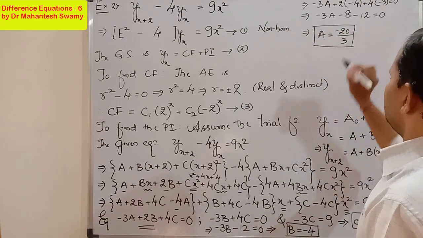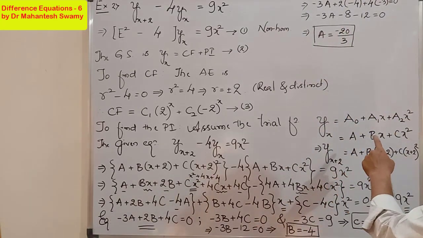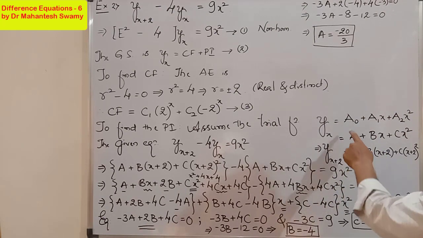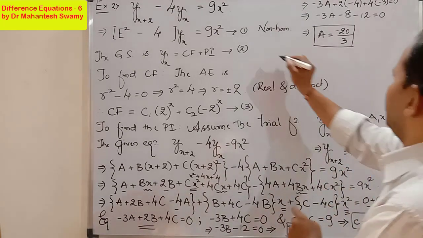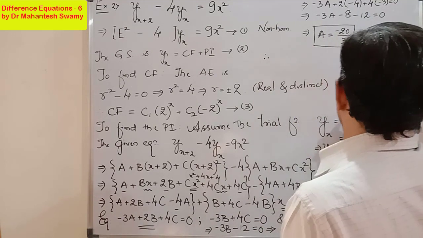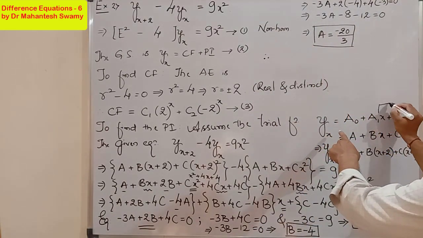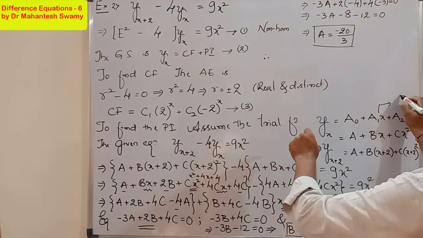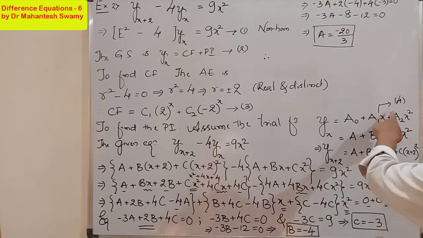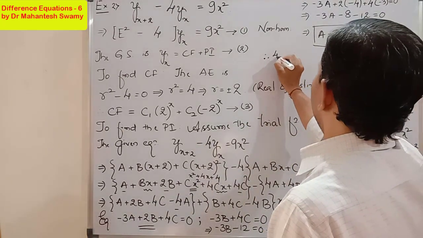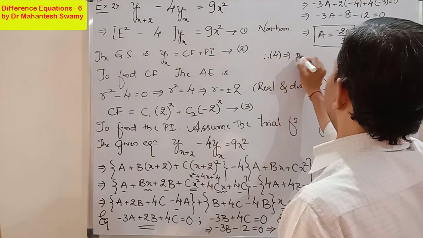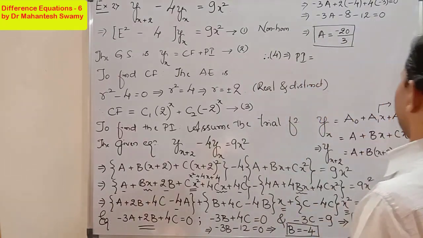So let us substitute these values into the trial function. If I call this equation number 3 over here, and call it equation number 4, then equation number 4 implies the particular integral. The trial function itself is the particular integral.